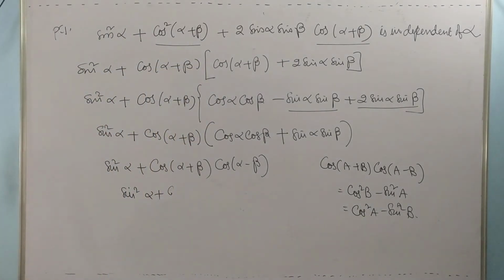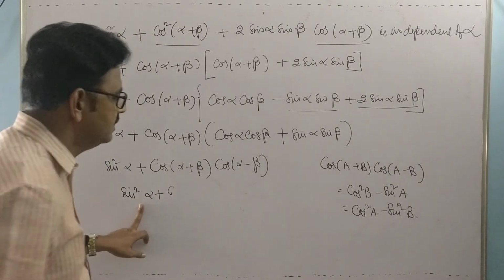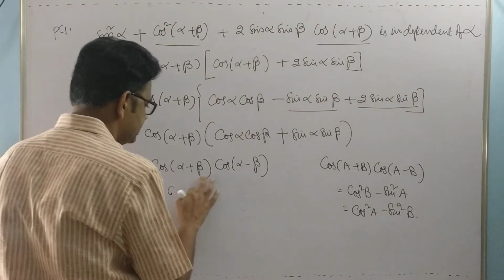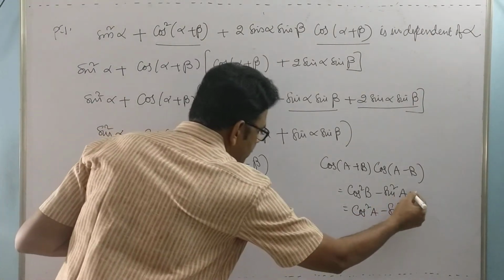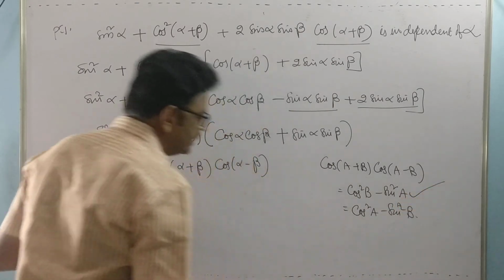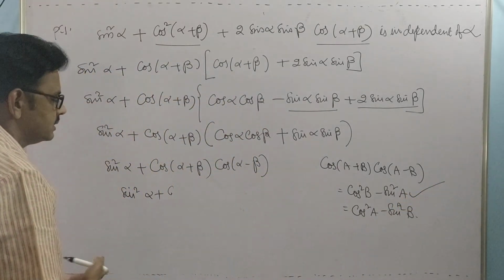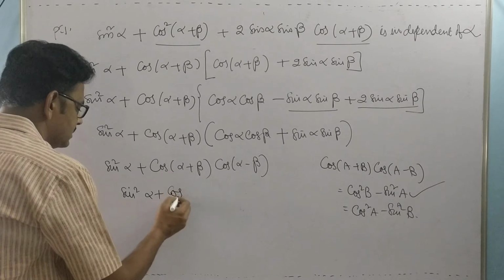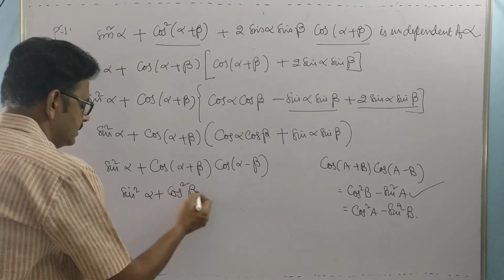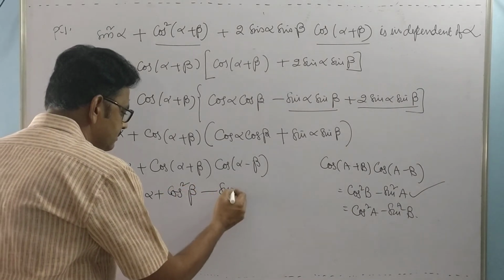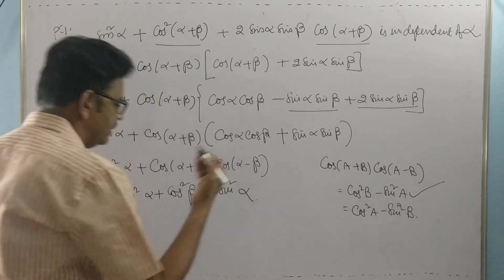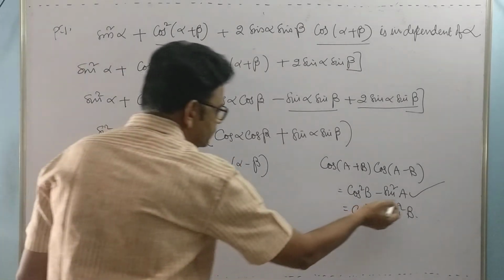Now you write cos(α+β) into cos(α−β), which is cos²β − sin²α, by using this formula.